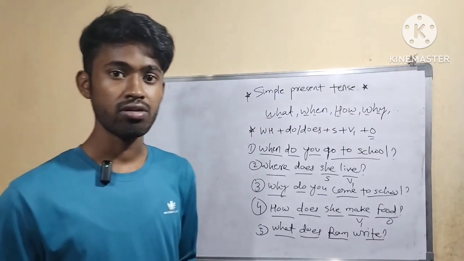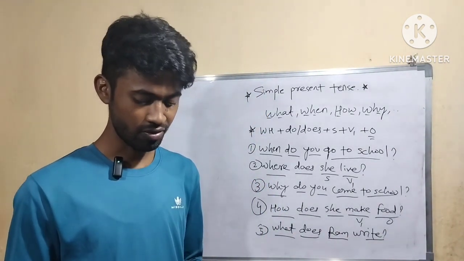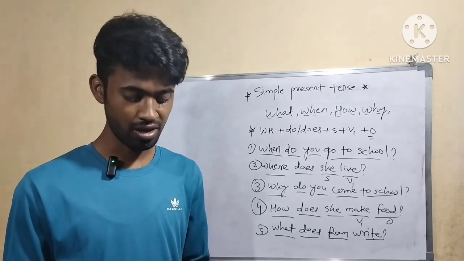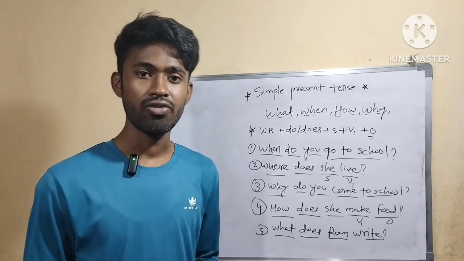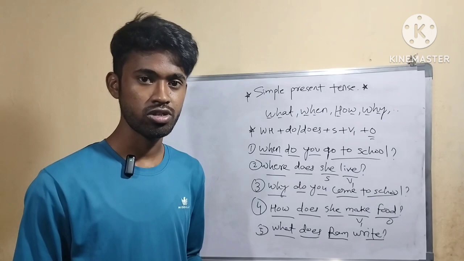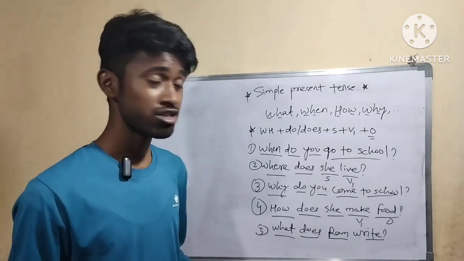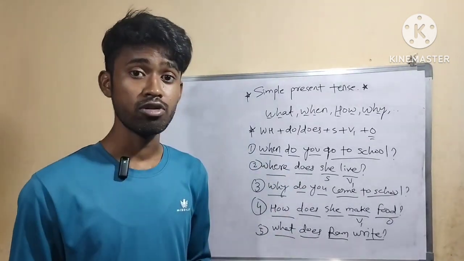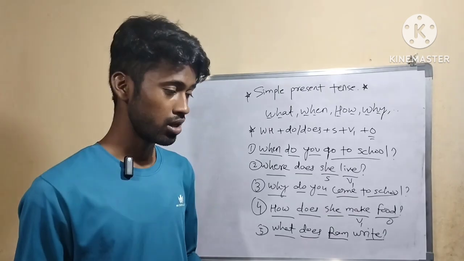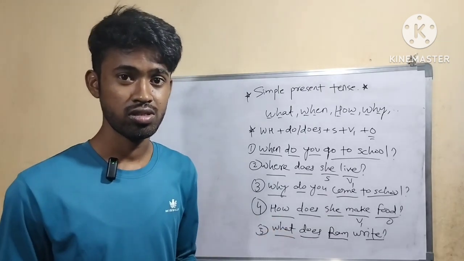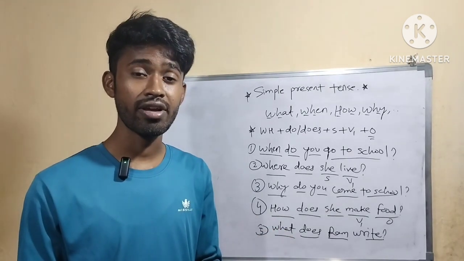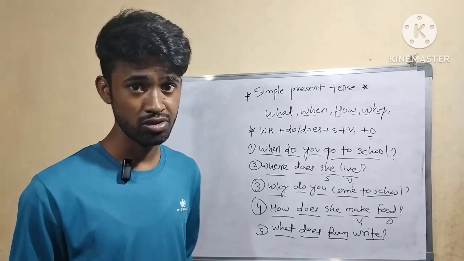So here, till now we covered positive sentences, after that negative sentences, after that the verbal questions, and at the last the WH questions. Okay, if you understand all this, apart from this you will never get anything in simple present tense.